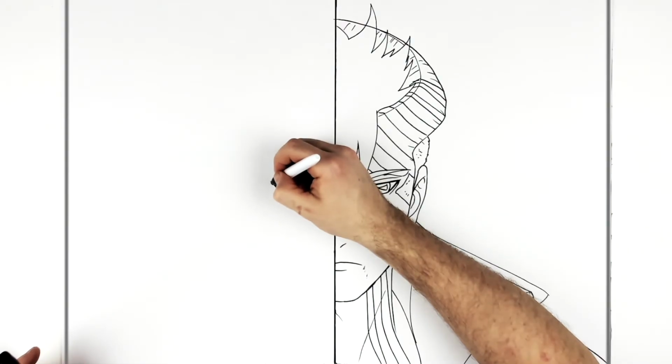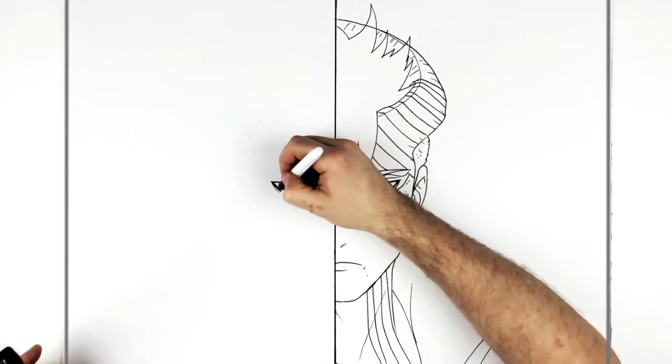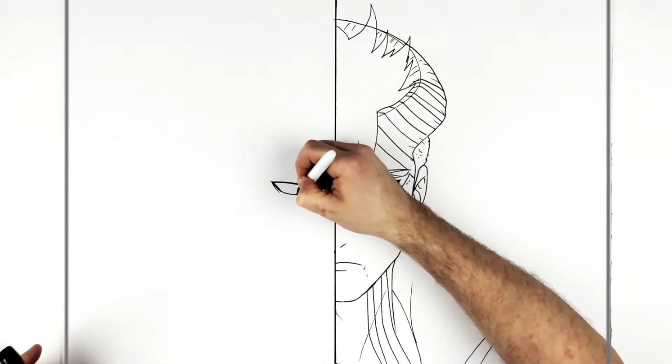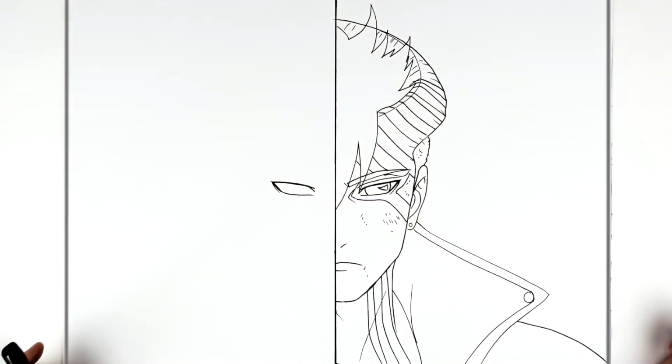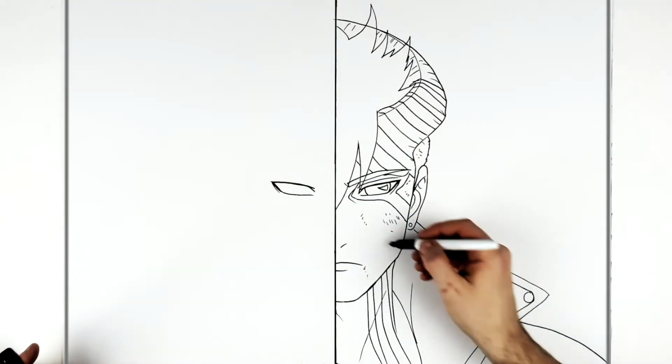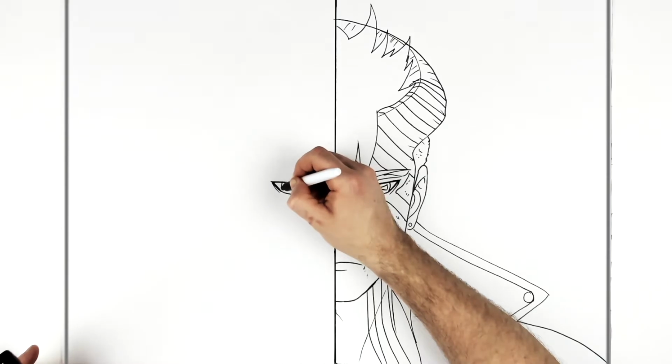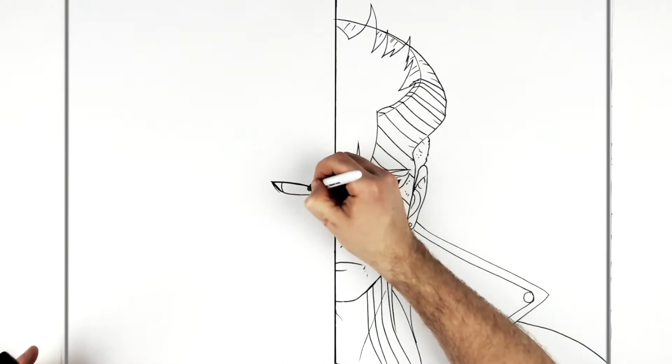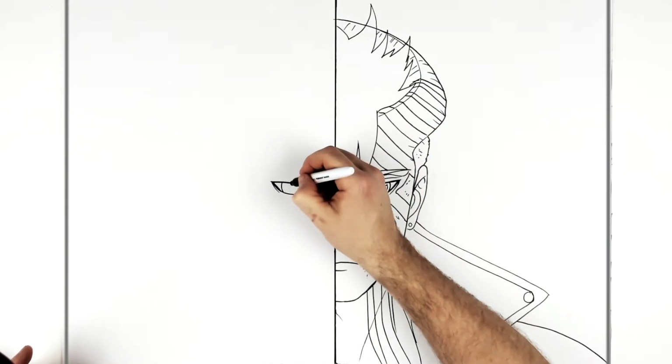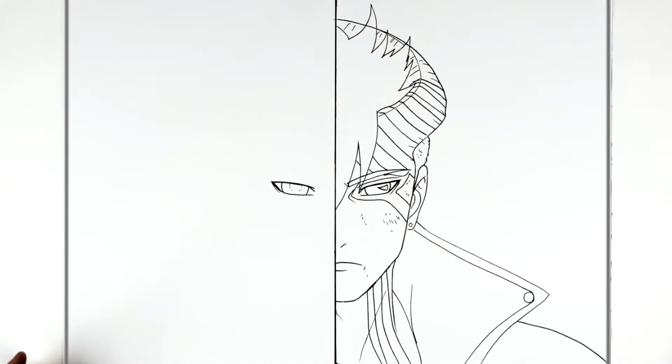Right, and if you want, we can add that extra line just there. And then the bottom eyelid is across like so. Again, big eye for the Jogan. I think it's the Jogan anyway. And then his pupil inside is kind of just this light area drawn in like that.